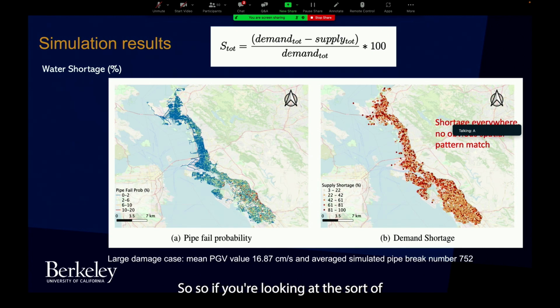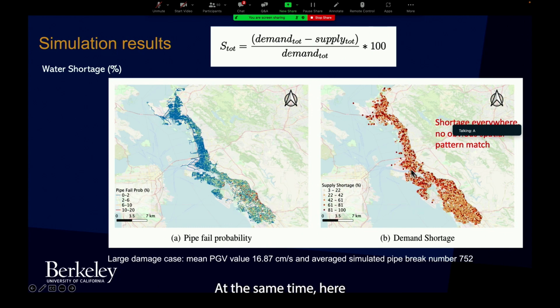If you're looking at certain scenarios, you can see the pipeline failure probability over here on the left. If the epicenter is close around here, you see more pipeline damage.